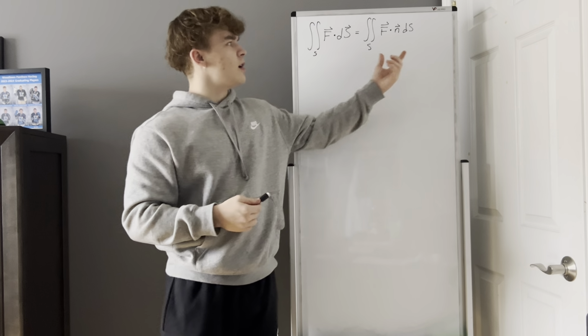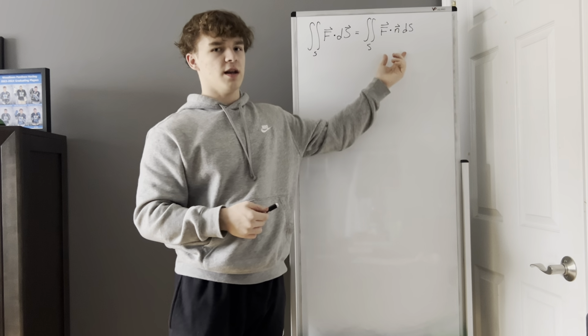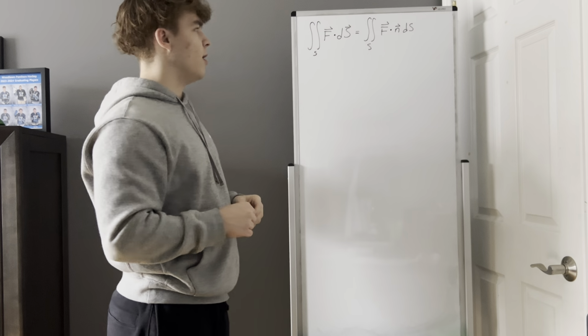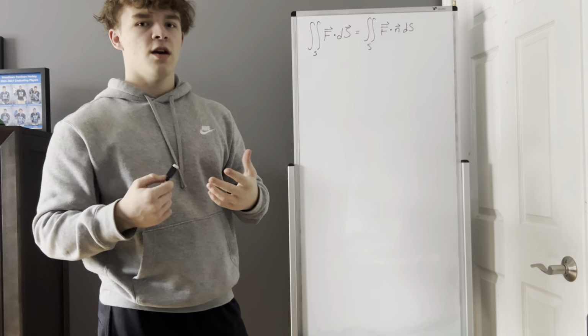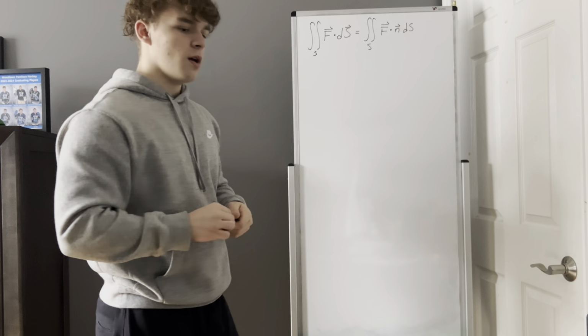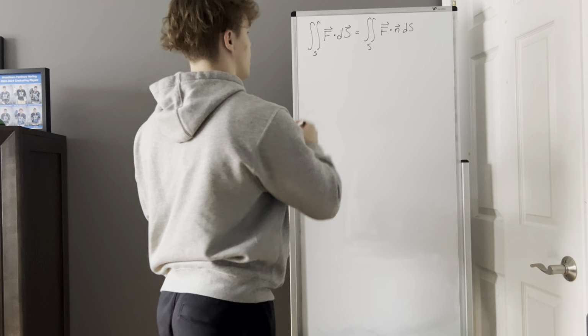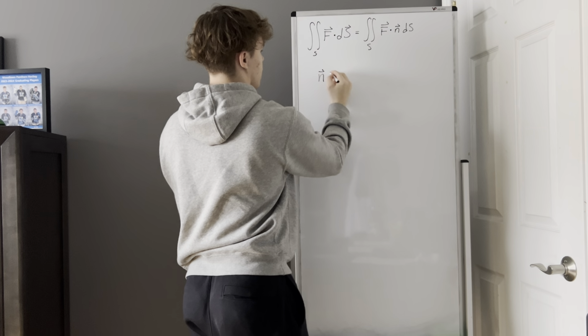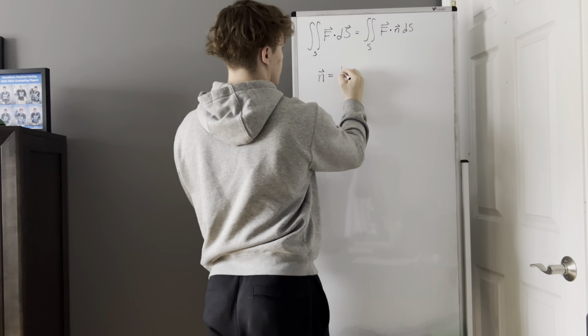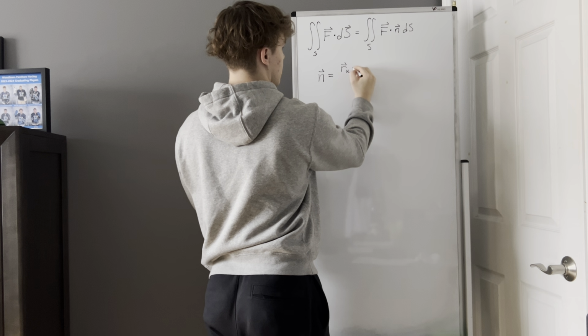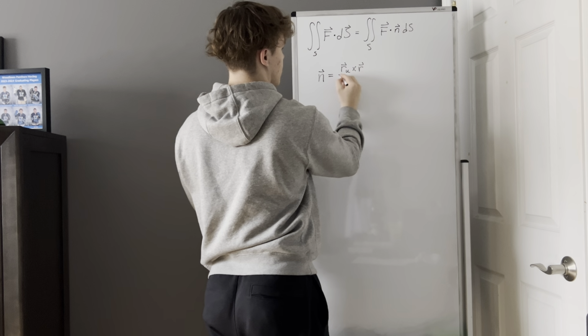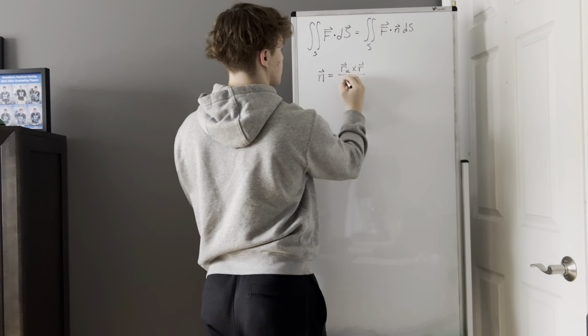But we still don't know what this actually means. To find the unit normal vector, we need to use this formula. The formula involves the parametrization of our surface.